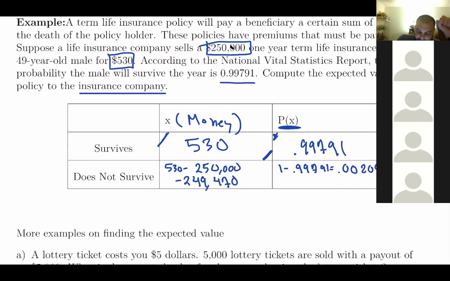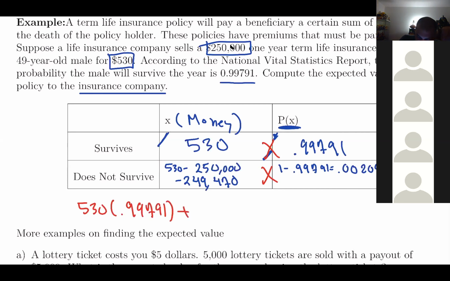So we get 530 multiplied by 0.99791, plus negative 249,470 multiplied by 0.00209.